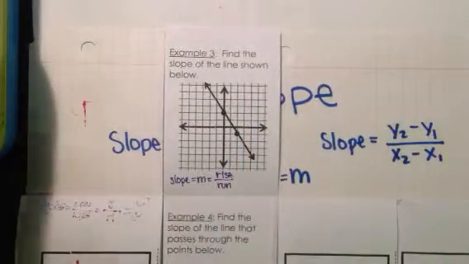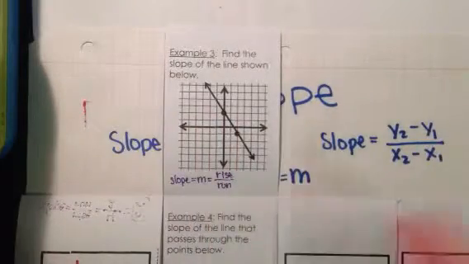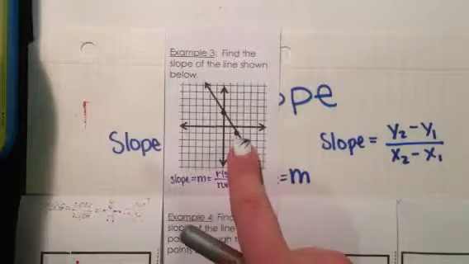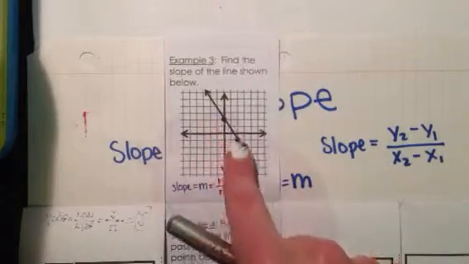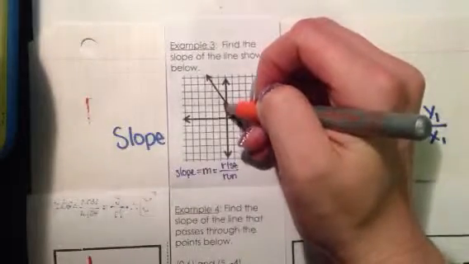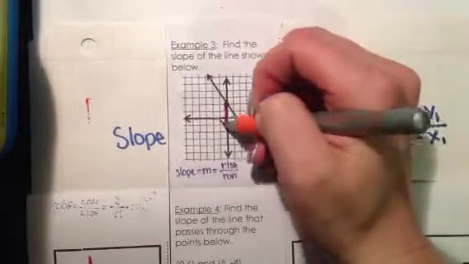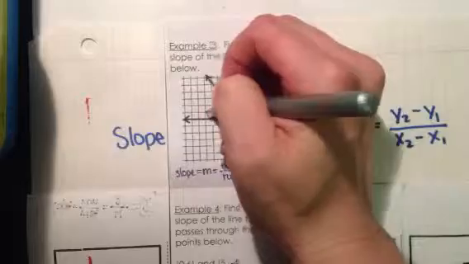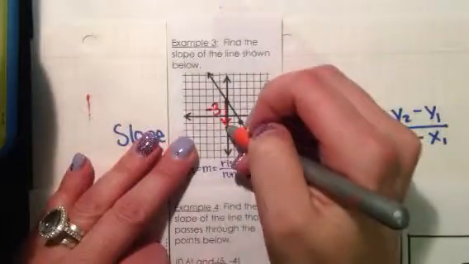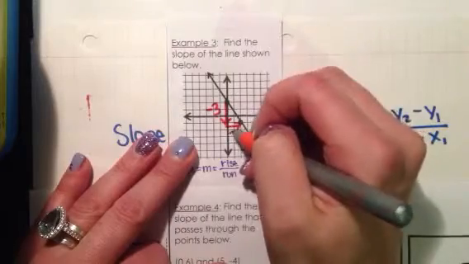If we look at this graph reading from left to right, we go from this point up here to this point down here. So we're actually going down as we go from left to right. Our rise is going down, so we say it's a negative. It goes down 3, so that's a negative 3. And it goes to the right 2.